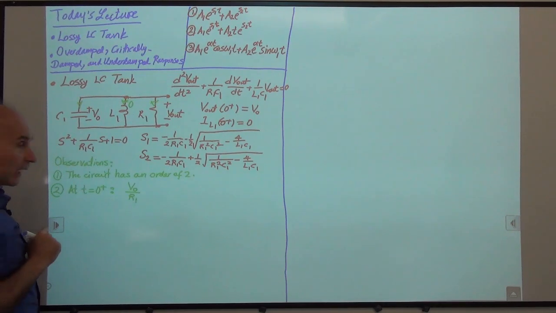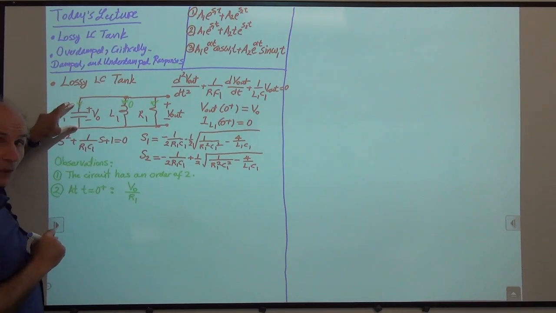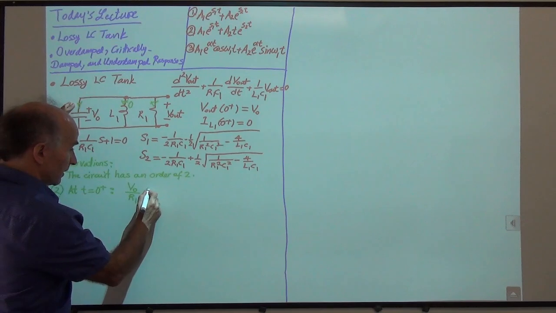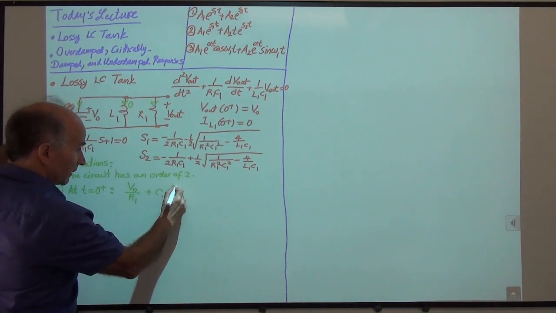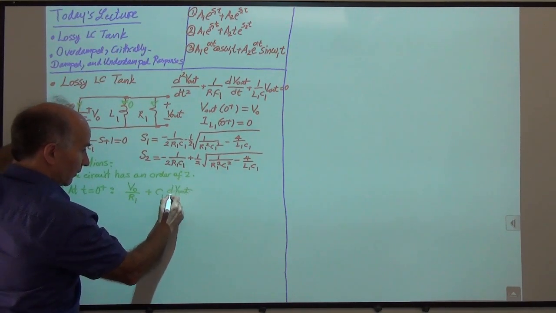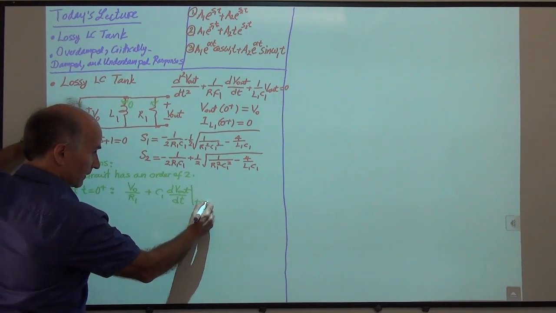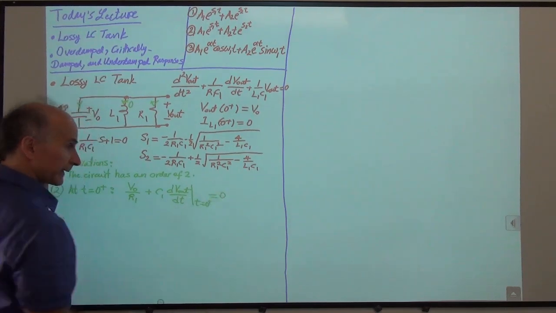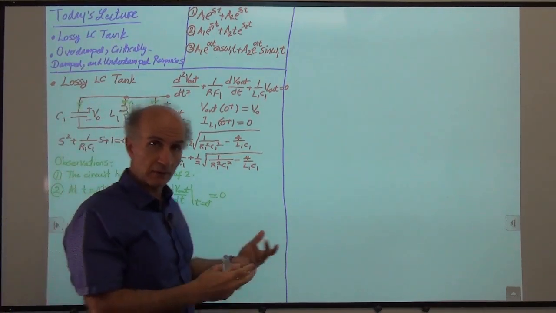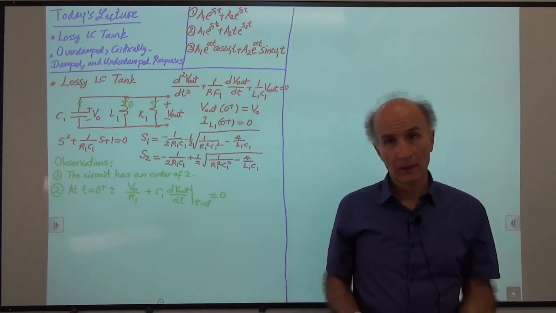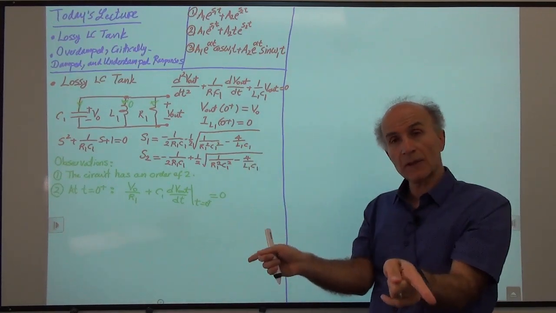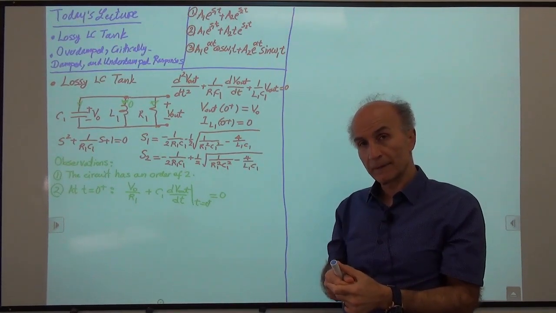All right. How much is the current through the capacitor? Well, C dV out over dt at time 0 plus. These have to add up to 0, right? The current through the capacitor, C dV over dt, and the current through the resistor are going in opposite directions, so they have to add up to 0.